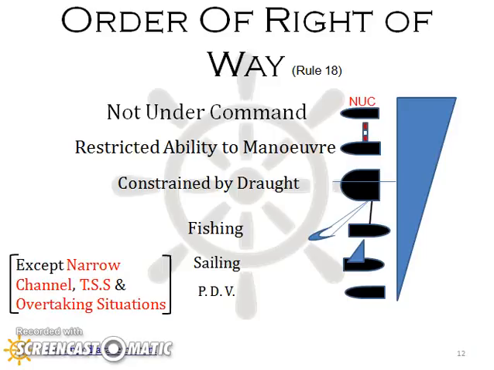In general, there is a rule of thumb, the order of right of way. In essence, a typical small power-driven vessel has the least right of way. This is very simple because you have the best maneuverability. Nothing is affecting you. You're not doing any work.